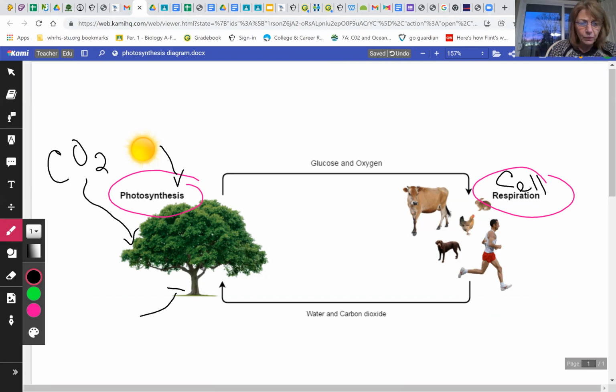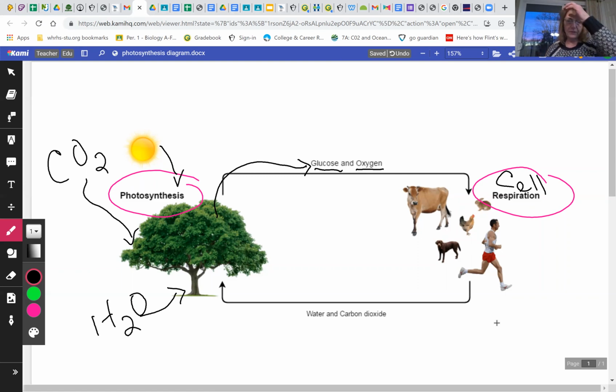It's taking in water from the roots. And it's using sunlight and the energy from sunlight to produce glucose and oxygen. Okay, that oxygen is going to be released into the atmosphere.